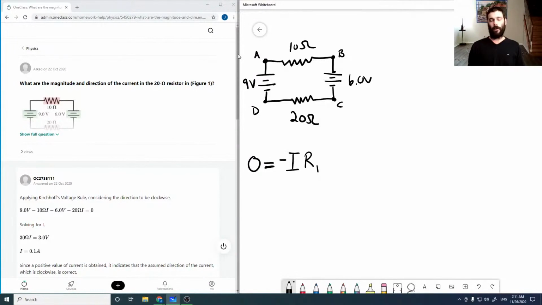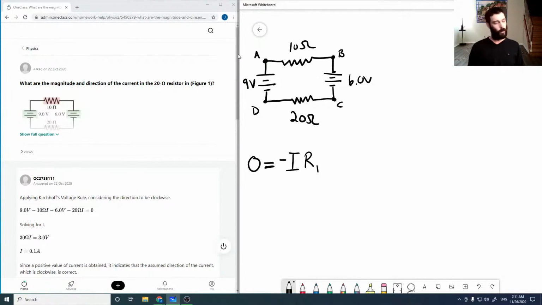Recall that your current either will be maintained, like in this case where you have one loop, or if there's splits, the current will split based on the resistances. In this case, we only have one loop, so the current will be the same around the entire thing. So we can just use I R1.